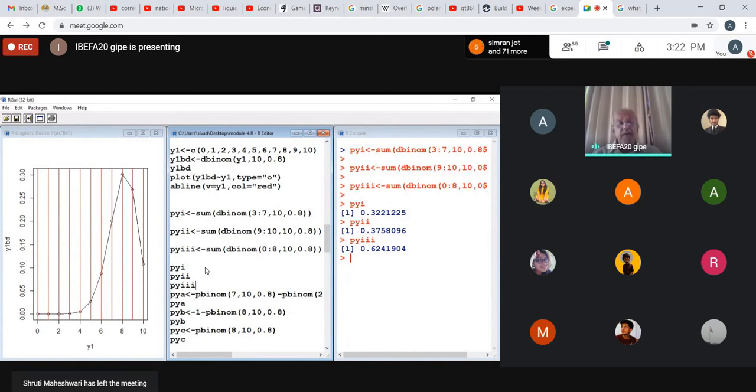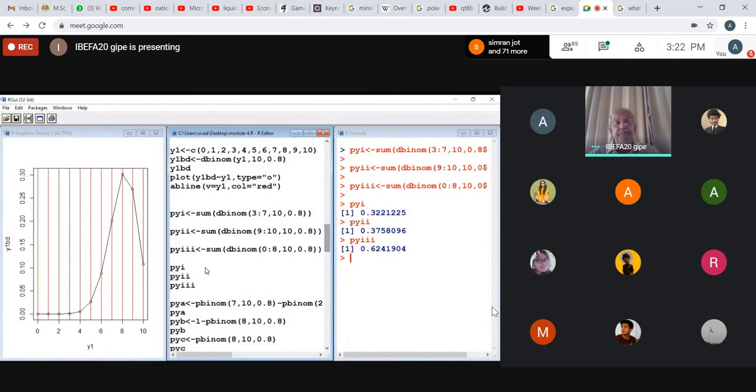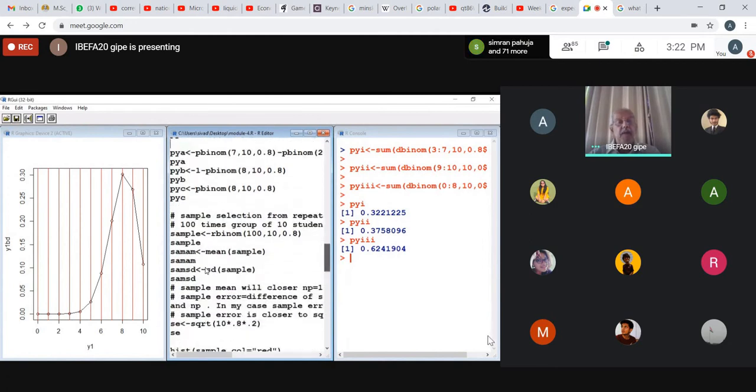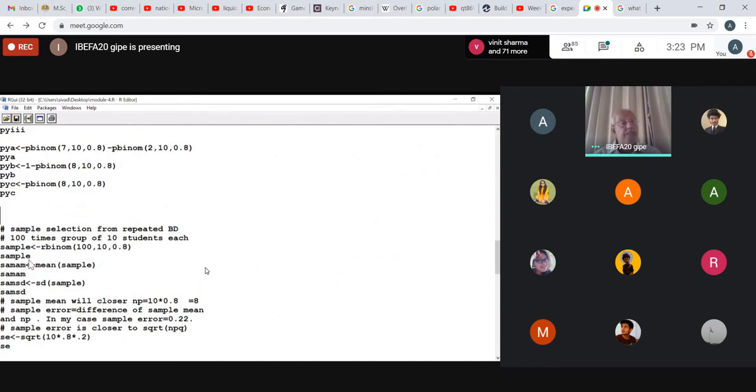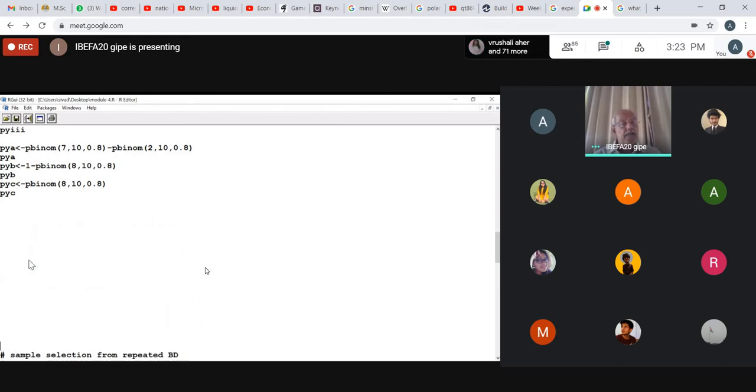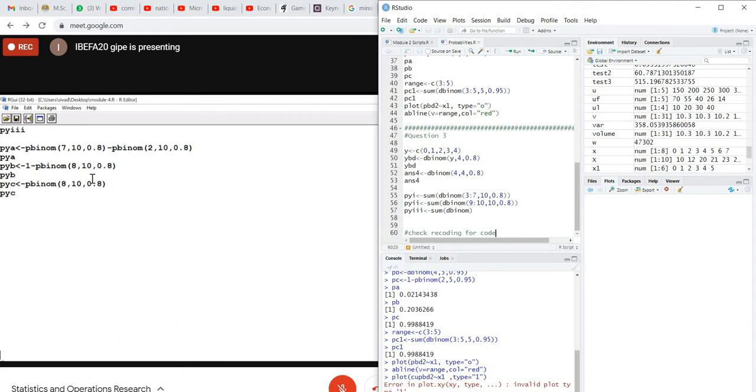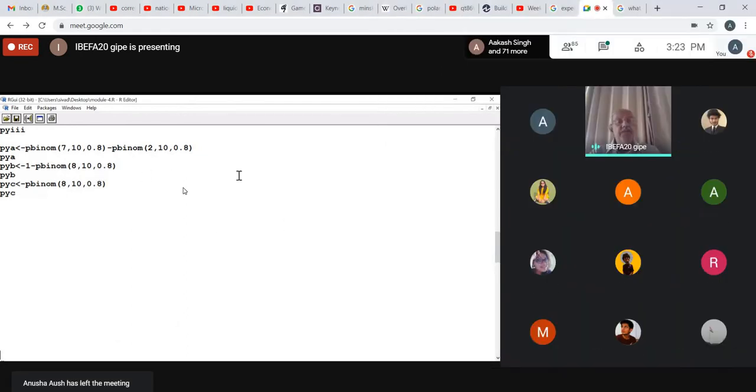This can be computed in another way. First one, P binom up to 7 minus P binom up to 2. Because P binom tells you the cumulative probability starting from minimum to 7. P binom 2 stands for the cumulative probability from minimum to 2.